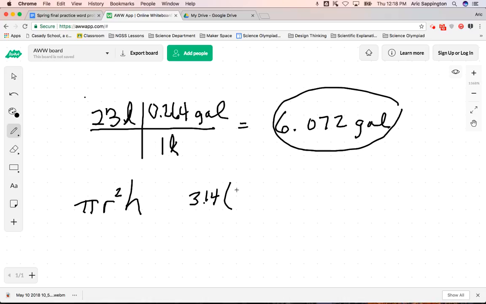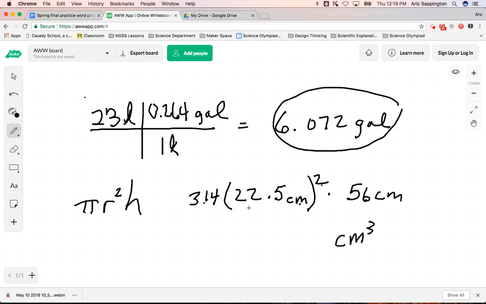Our radius is going to be half our diameter, so 22.5 centimeters. We need to square that. And our height is 56 centimeters. So now if we look at our units, we get a centimeter times a centimeter, which gives me a centimeter squared times a centimeter is a centimeter cubed. And that is a volumetric measurement.